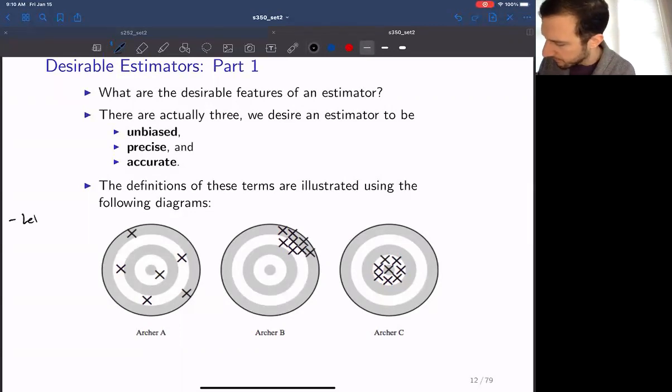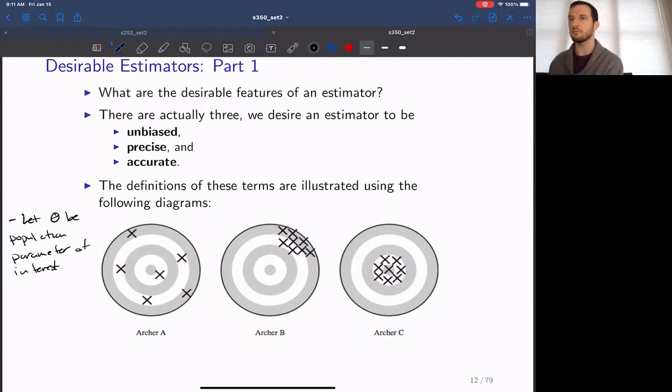We'll say let theta be population parameter of interest. Okay, so then at the center of the dartboard, you can just sketch a theta. Okay, so the bullseye represents the population parameter, the target, if you will.